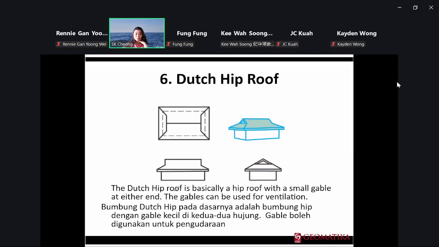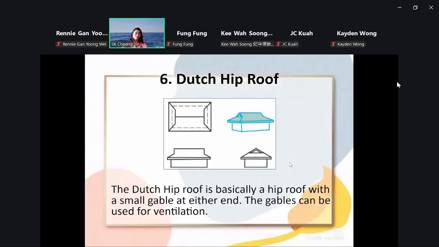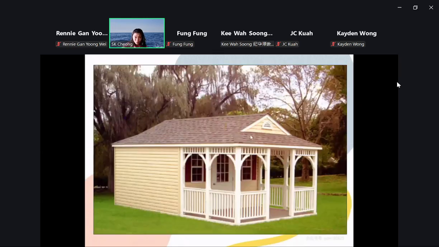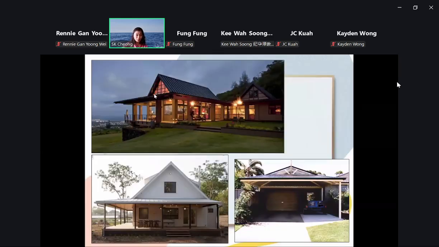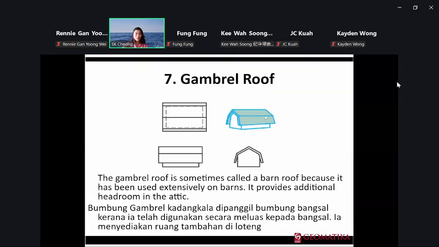So the Dutch gable roof is basically a hip roof with a small gable at the end. The gable can be used for ventilation purposes. Okay, a gable. How about gambrel roof?